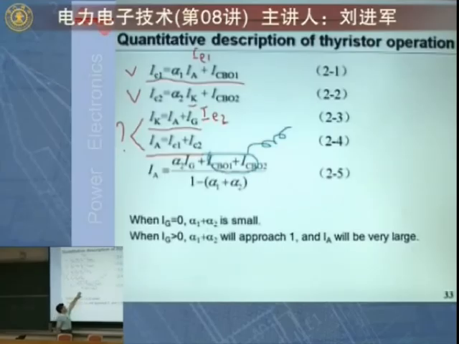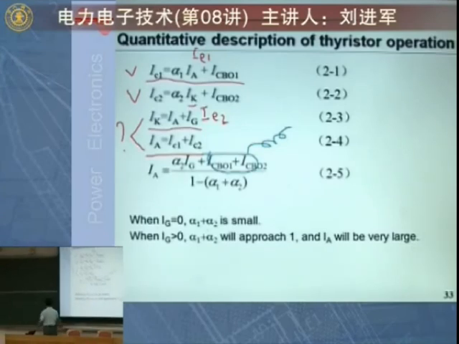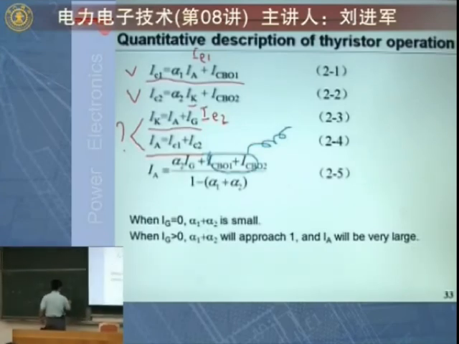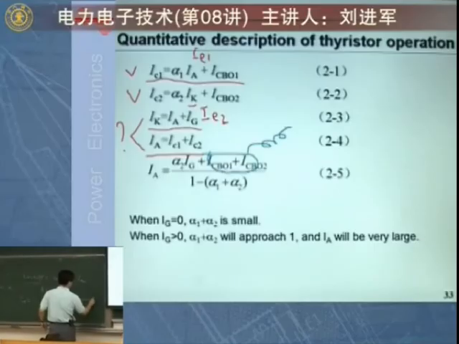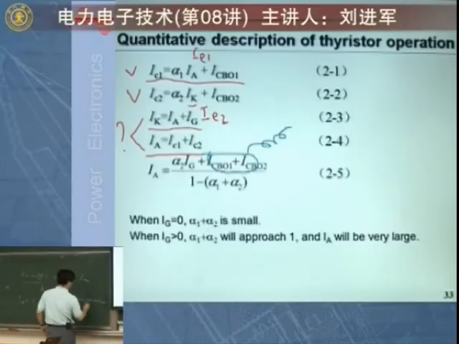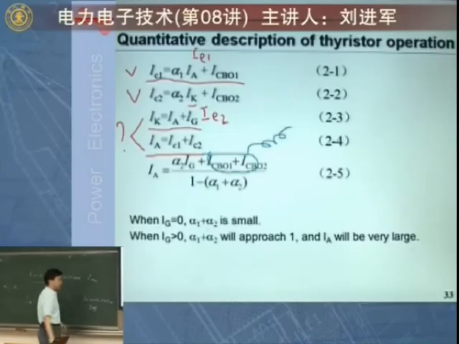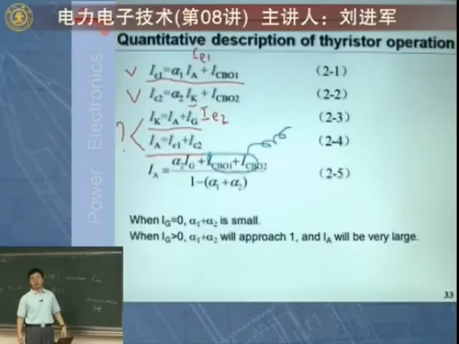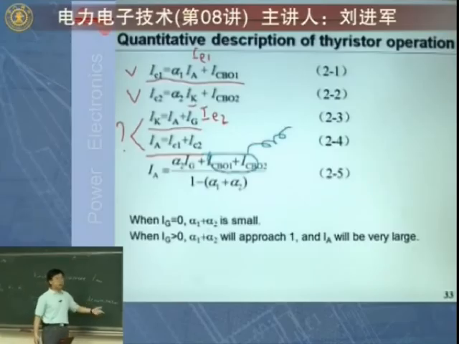then this lower part, this is called the denominator, will be approaching 0. When alpha 1 plus alpha 2 is approaching 1, the total denominator will be approaching 0.